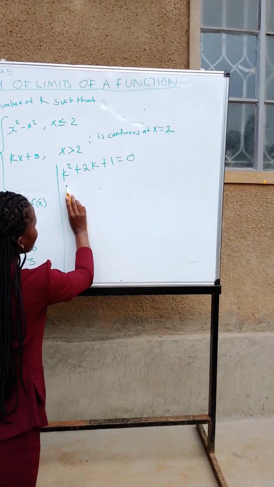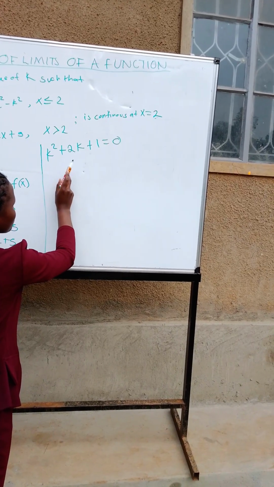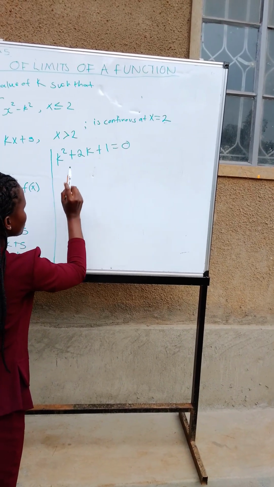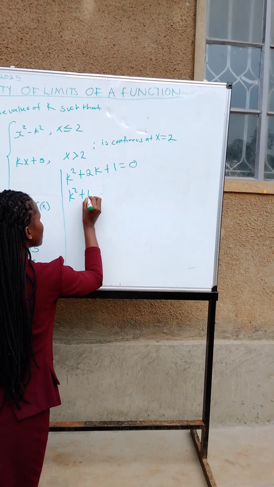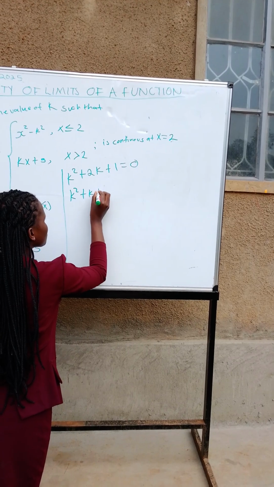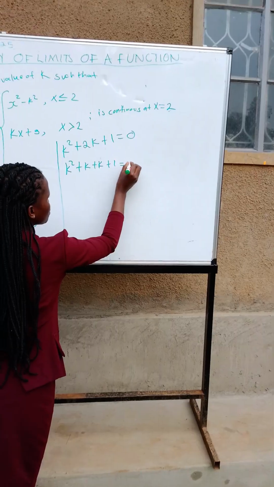Then we are going to get two numbers such that when we multiply them we get 1, and when we add them we get 2. This gives k squared plus k plus k plus 1 equals 0.